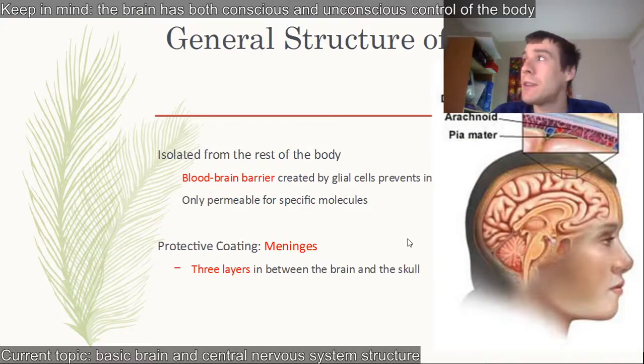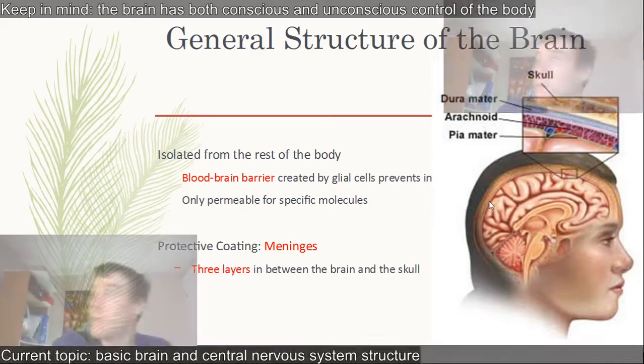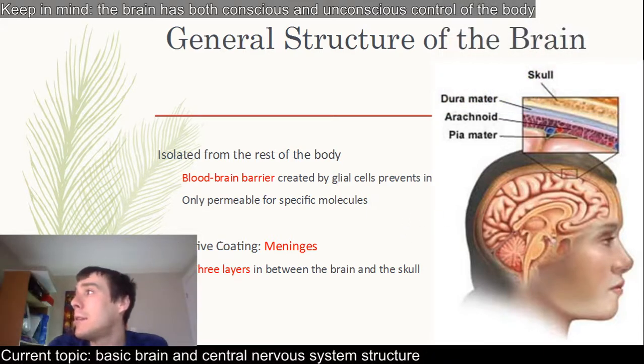Some general brain structure here. General structure of the brain, we have, I'm going to move my thing over. We have the brain. It's protected in the skull by a few layers of tissue. The skull is bone. Then there's the dura mater, which means hard matter.